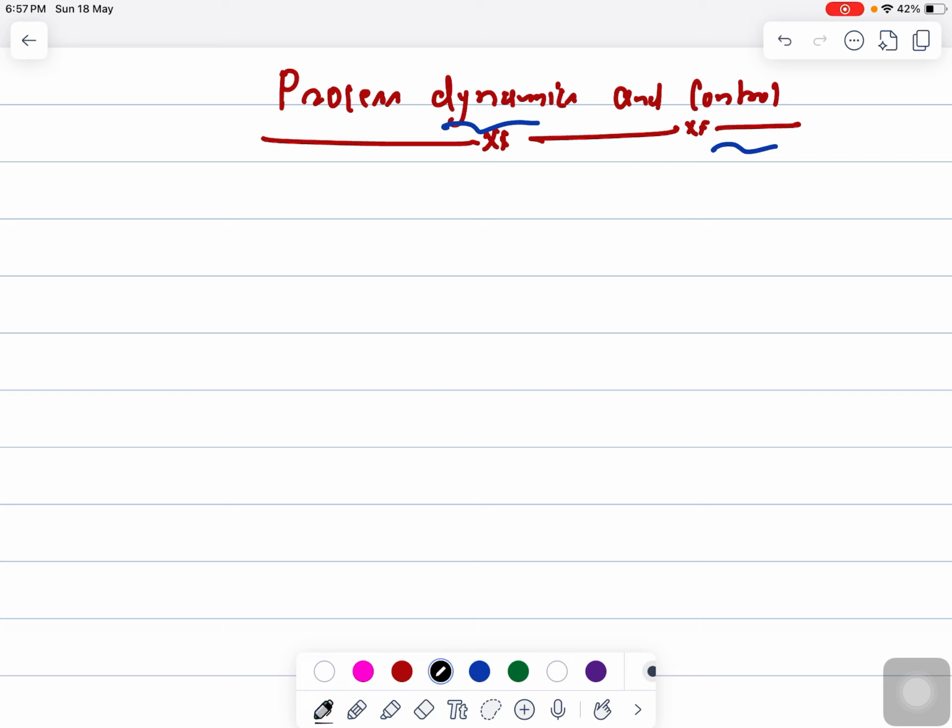But here, in order to motivate you, why are we studying process dynamics and control? In order to ensure safe, stable and efficient operation of a chemical process plant. It helps in maintaining product quality as well as optimizing process variables like temperature, pressure, flow rate in real time, right?